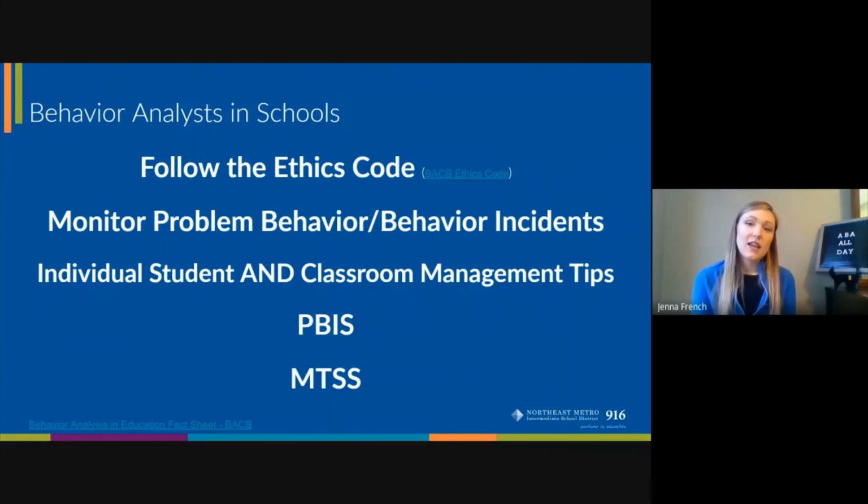So PBIS is positive behavior intervention and support. And then MTSS is multi-tiered systems of support. And then at the very bottom, there's a behavior analysts in education fact sheet from the Behavior Analyst Certification Board. Each of those subspecialties that I talked about has a fact sheet that goes along with it from that BACB website. That was really helpful to read.